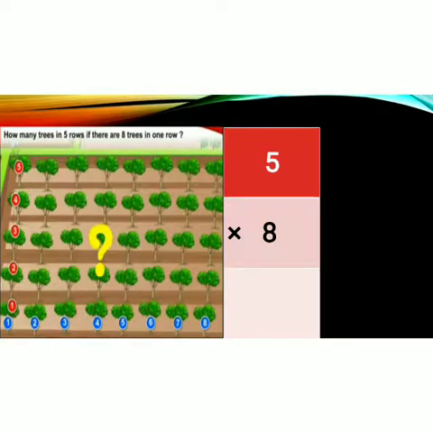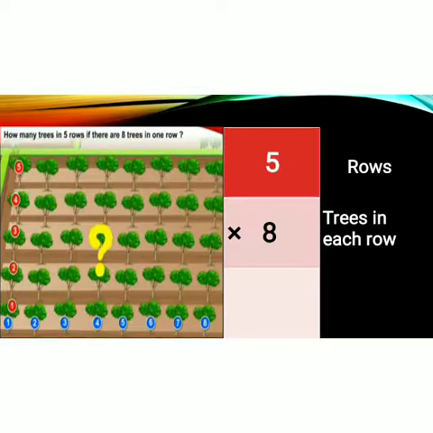These numbers we have to multiply. Now 5 is the number of rows given in the example and 8 are the trees in each row. This is the information given in our word problem.